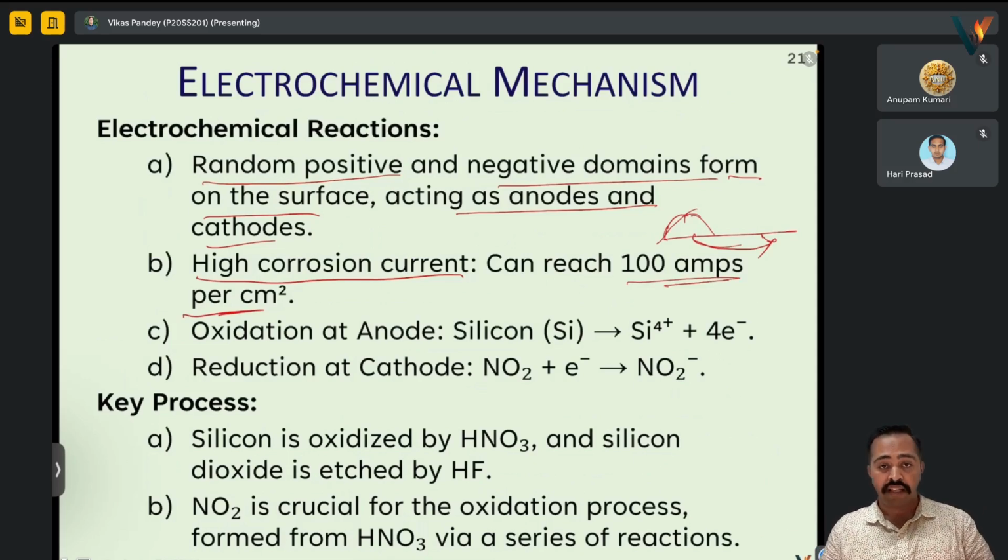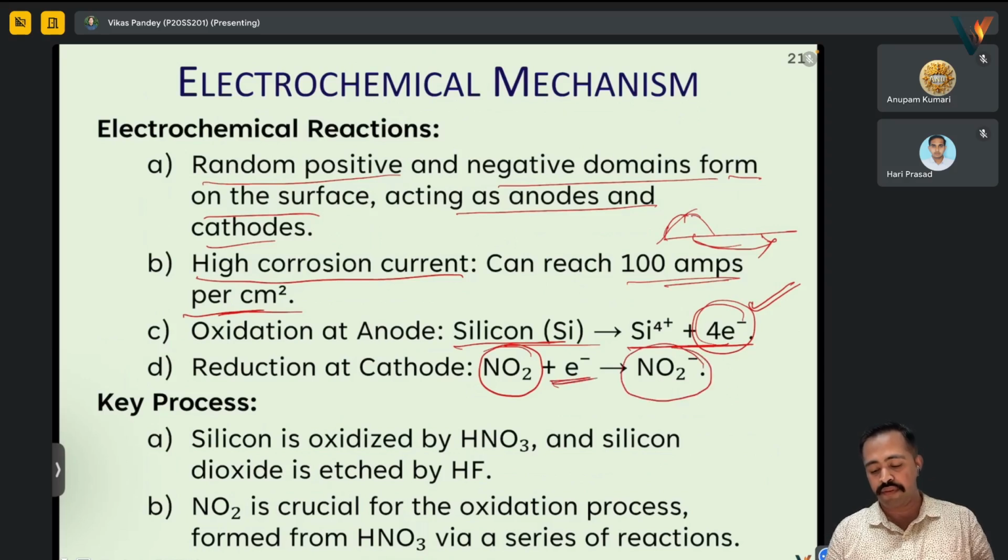And in these reactions, at the anode, we will see silicon forming silicon ion, giving out 4 electrons. And at the cathode, NO2 that comes from HNO3 will accept the electron and form NO2 ion.